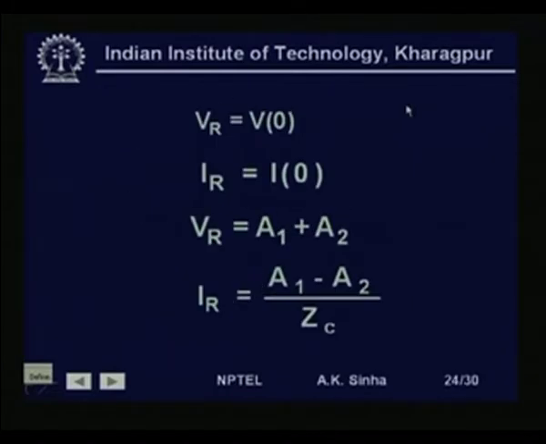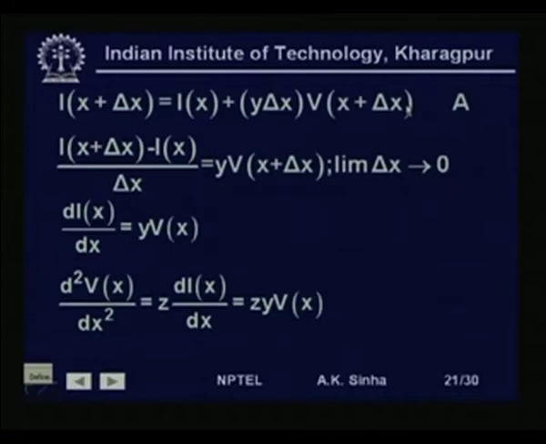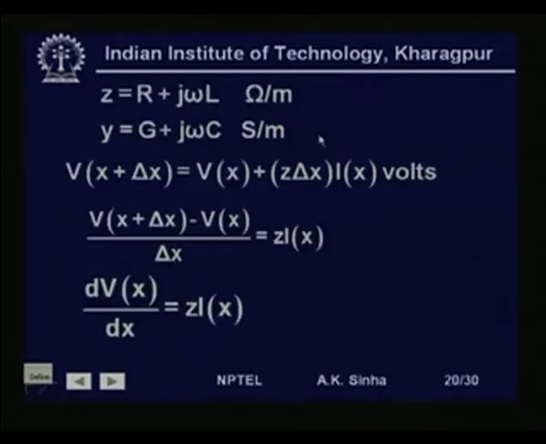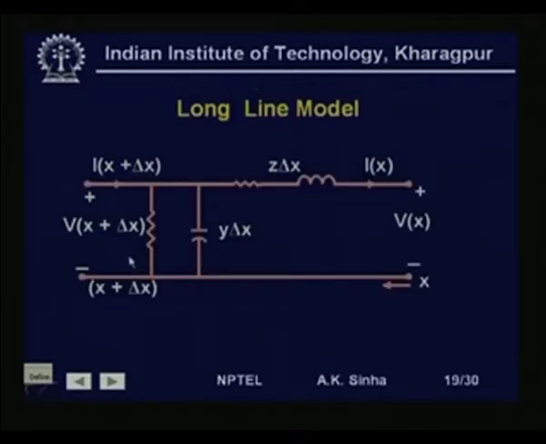That is, if we look at this, I at x plus delta x is going to be equal to I at x plus the current which is flowing in this admittance, which will be equal to y into delta x multiplied by the voltage at this point, which is V at x plus delta x.